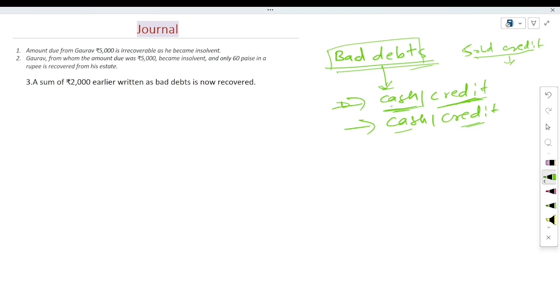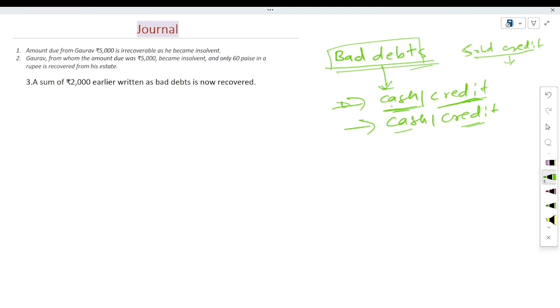Now what journal entry will be passed? Here is an example: amount due from Gaurav, rupees 5000, is irrecoverable as he has become insolvent. It means this 5000 rupees we cannot receive from Gaurav, and this 5000 rupees becomes bad debts.